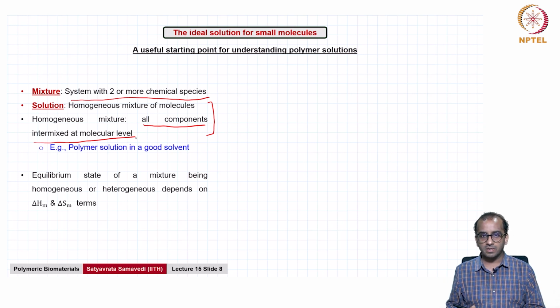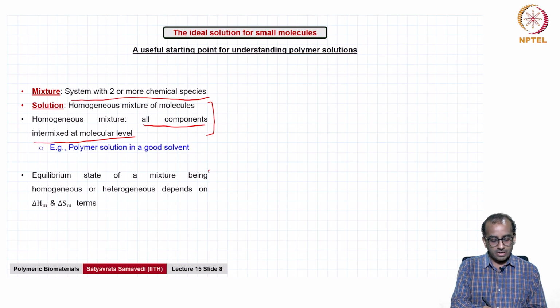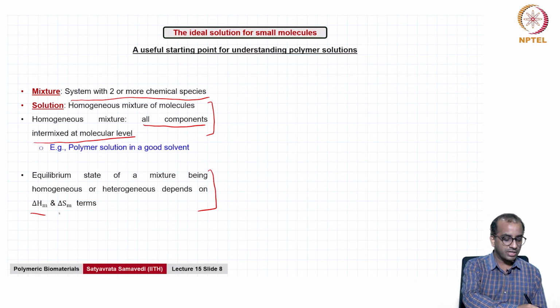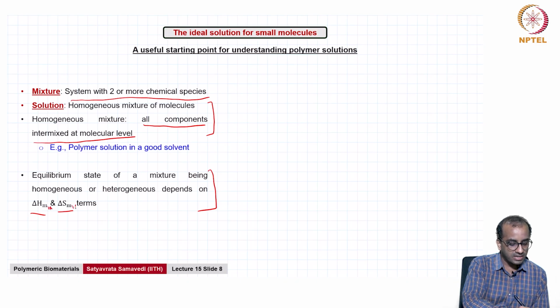One example of that is a polymer solution in a good solvent. So, these are definitions that we will take for granted. And the equilibrium state of a mixture, in this case a solution, being homogeneous or heterogeneous, depends upon the delta H mix and delta S mix terms.